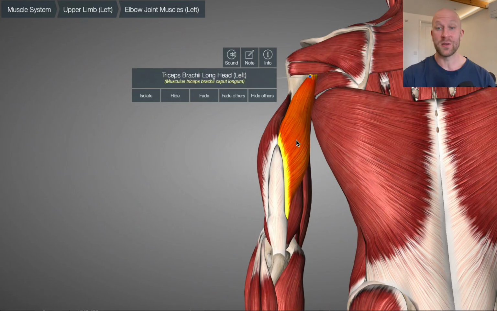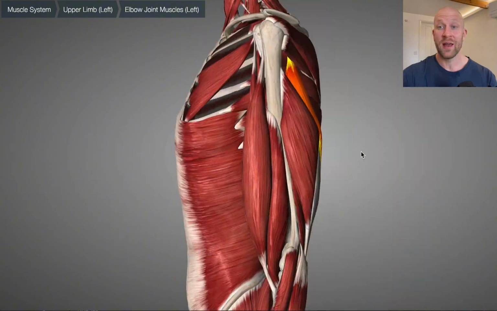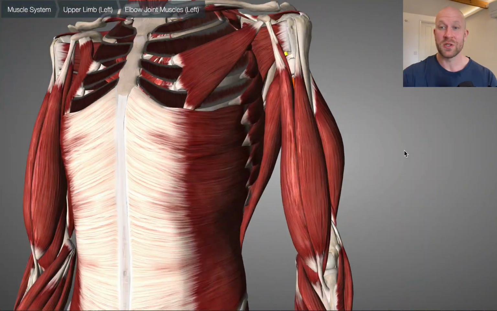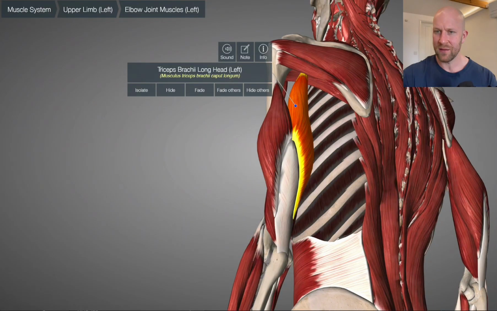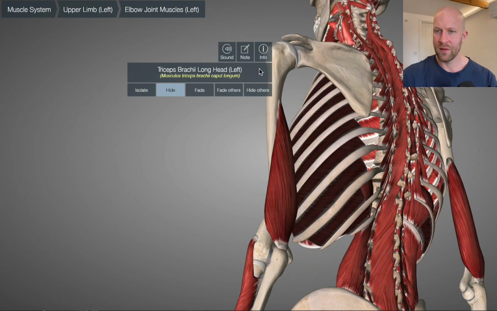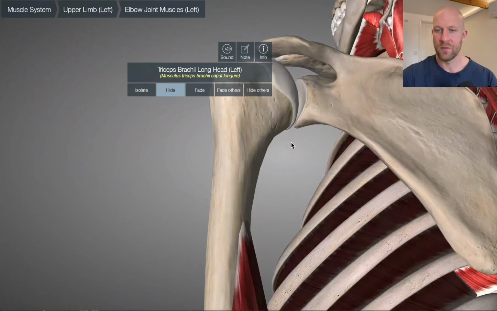But the long head is called the long head for a reason, because that again crosses the shoulder joint. So much like biceps brachii, but instead here it goes to the infraglenoid tubercle. I'm going to take some layers off there. We can't see it, but it's just under there. We can zoom.